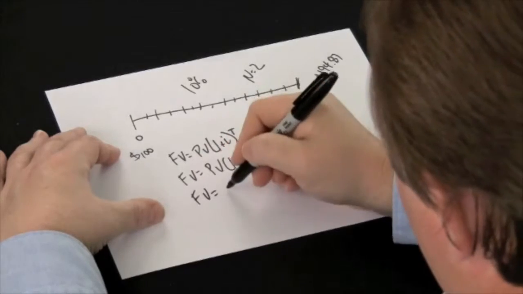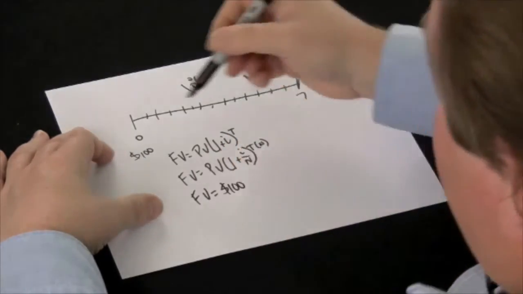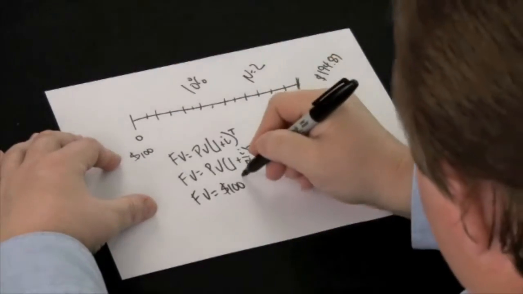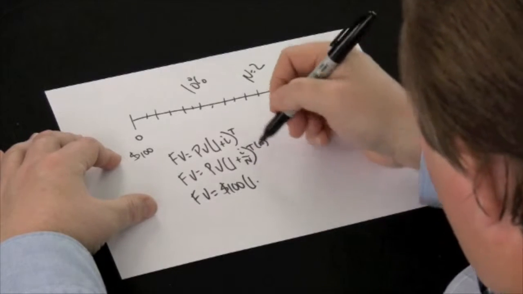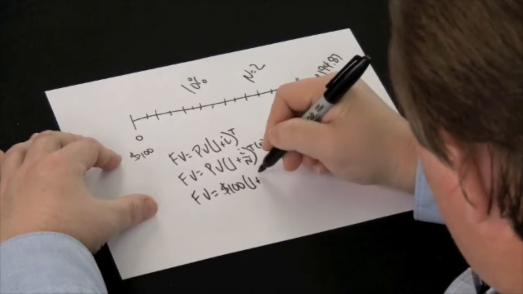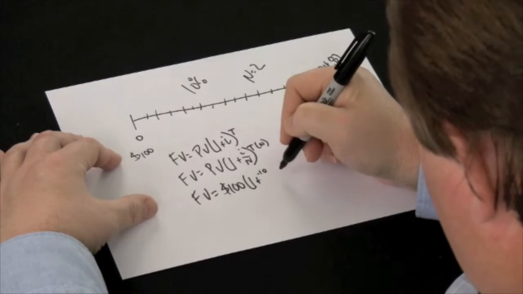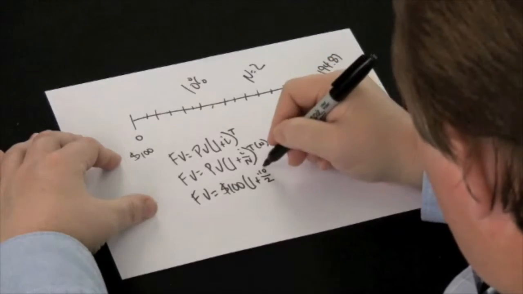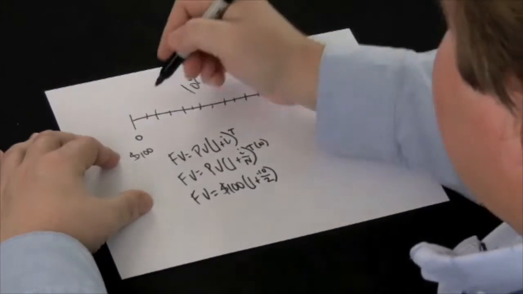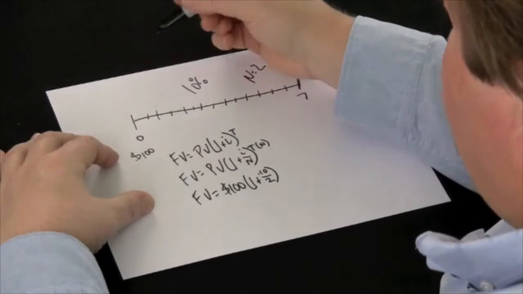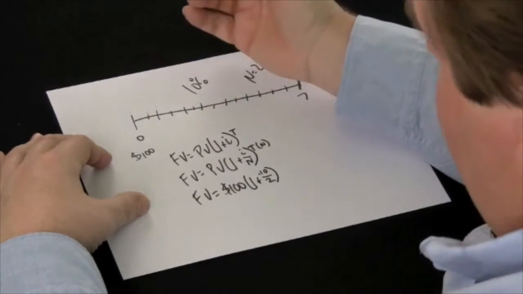Future value equals the $100 present value that we deposited here, multiplied by 1 plus 0.10, which is our interest rate, divided by 2, which is the number of periods per year. So if it's 10% interest annually, it's 5% interest semi-annually.